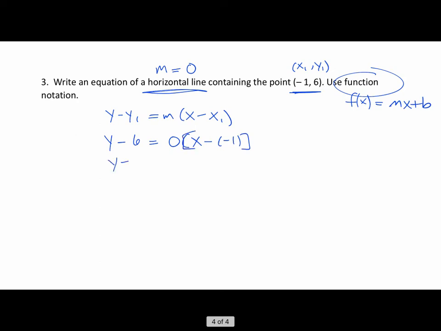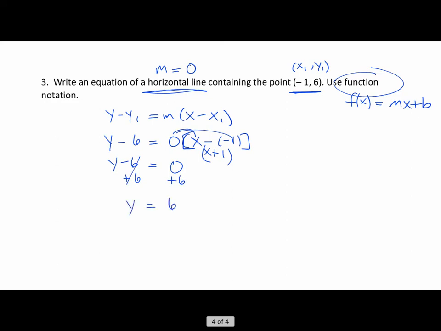Well, on the right side, when you distribute a 0, that's going to be 0 plus 0, even if you change that to plus 1 first. It's still 0 plus 0, which is 0. So we see that in this equation, x has been zeroed out. There's no x variable. We know it's a horizontal line. That makes perfect sense. We just want this to say y equals. So let's add that number to both sides so that y equals 6.